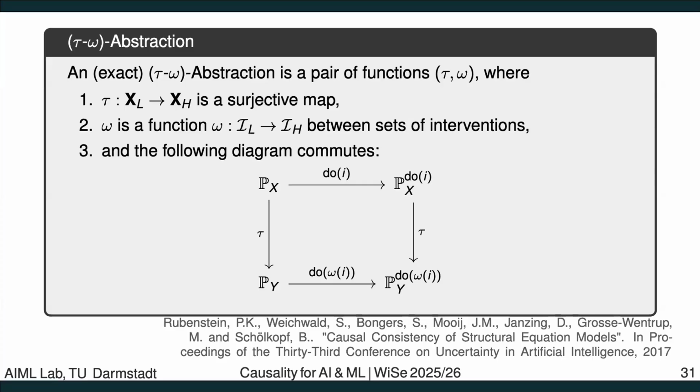So our omega function is somehow constrained by that, right? So we know if I set some variable to a value of 5, how this should translate to the high level system. So if we still have this variable there, and maybe it's multiplied by 2 via the tau abstraction, we know if we do whatever intervention on that variable, it needs to translate in this way, where we also multiply this intervention value by 2.